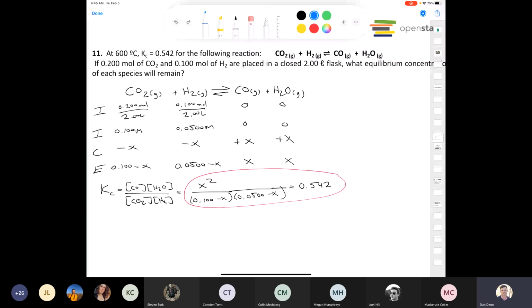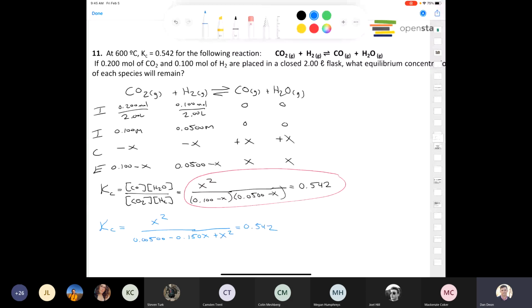So we get that our Kc is equal to x squared divided by 0.00500 subtract 0.150x plus x squared. And again, that's equal to 0.542.